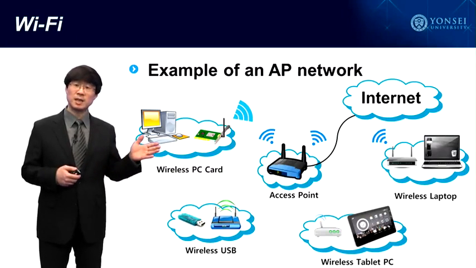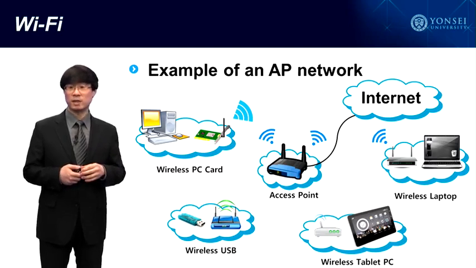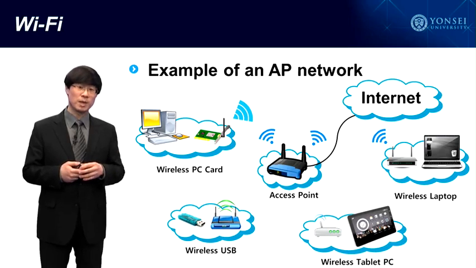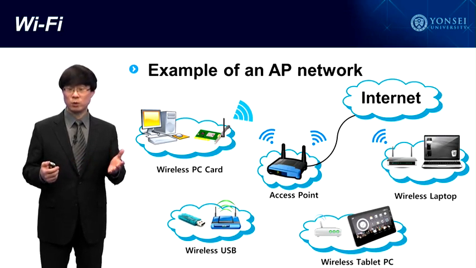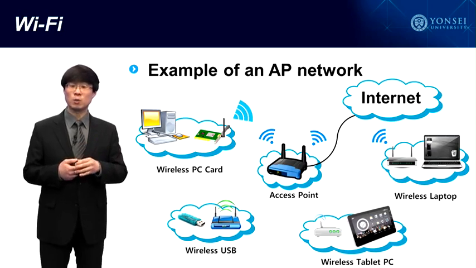As you can see, the access point is connected to the internet through a wire. This wire could be a Cat5 cable, and the connectors would be like an RJ45. This is the typical Ethernet cable connected to the access point, and through this wire, internet access is provided. The access point will use the wireless LAN, Wi-Fi signals, to connect to various PC devices and also various smart devices that may exist around.